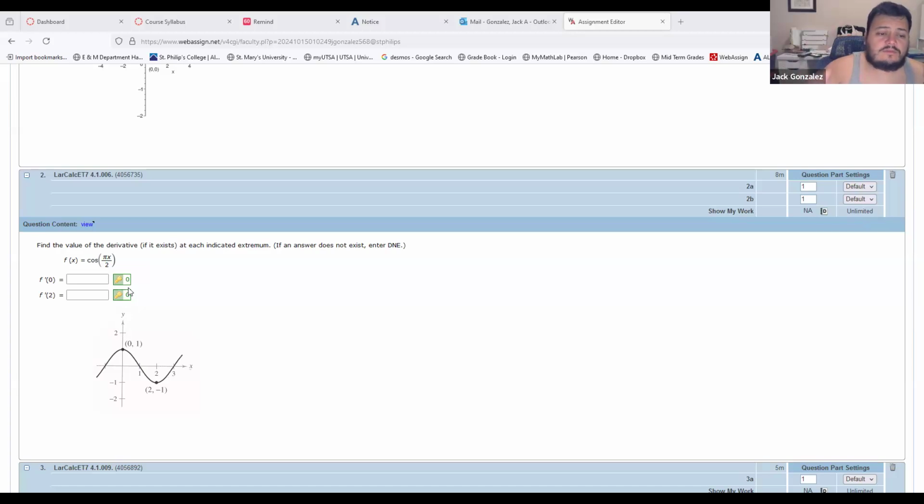So if you found the derivative and plug in 0, you're going to find out that, yeah, the slope is in fact, well, you see what I mean? That's why you don't have to actually do anything. If you understand the concept, that's going to be 0, no matter what. Okay, but if you didn't know and you took the derivative, plugged it in, you better get 0.